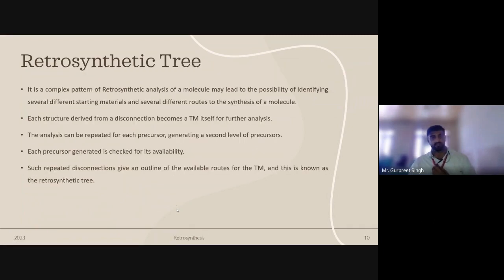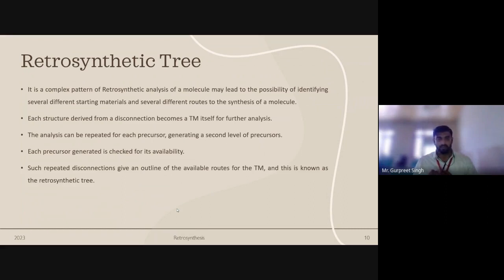Next is the retrosynthetic tree. What is a retrosynthetic tree? It is a complex pattern of retrosynthesis analysis which might lead to different possibilities to synthesize a single target molecule.